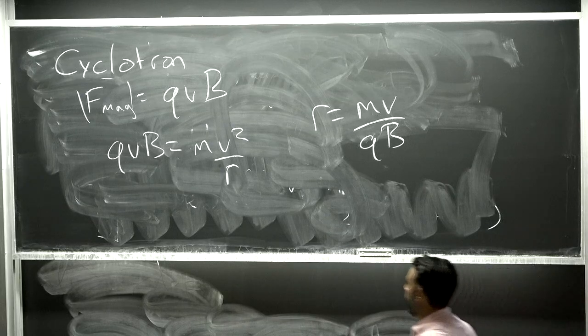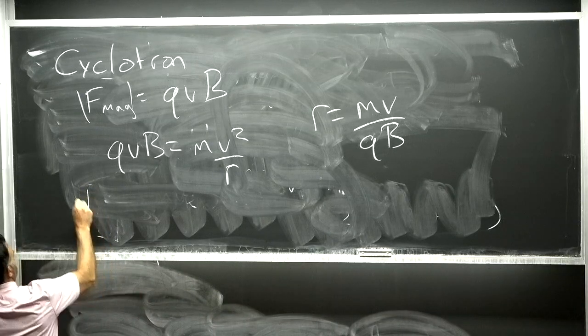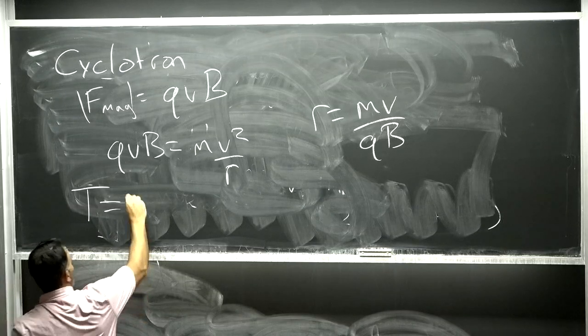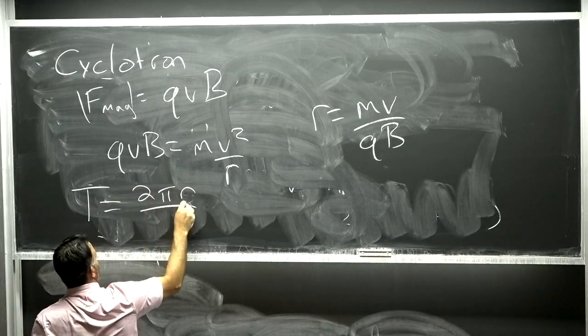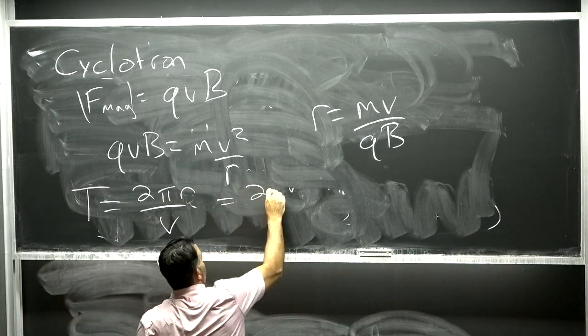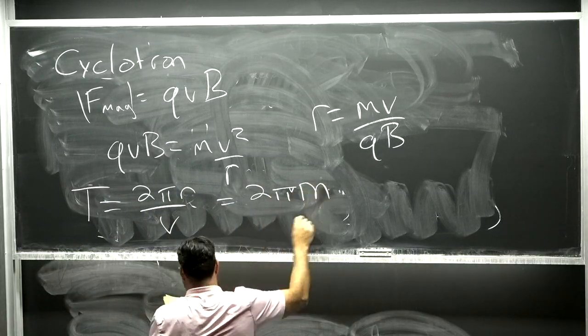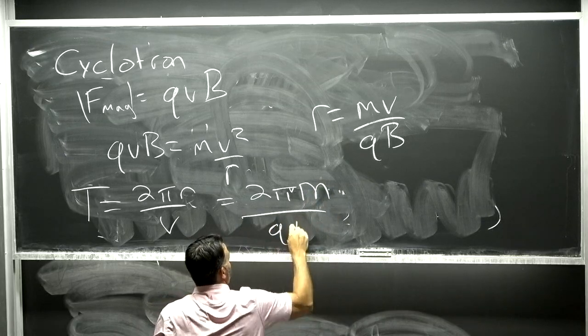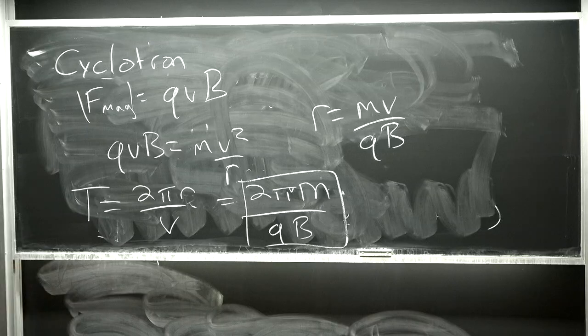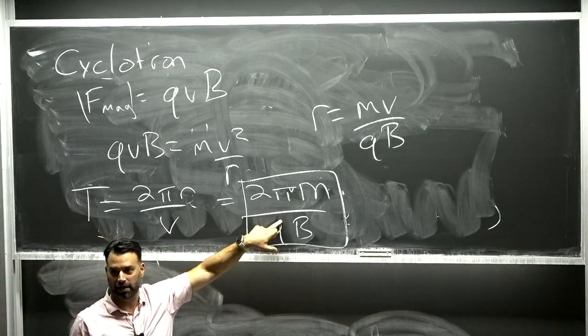So if we say, what is the period of going around in this orbit? The period will just be 2 pi r over the velocity. And so therefore, this will be 2 pi m over qB. So for the non-relativistic version of this, the period of going around does not depend upon the velocity.